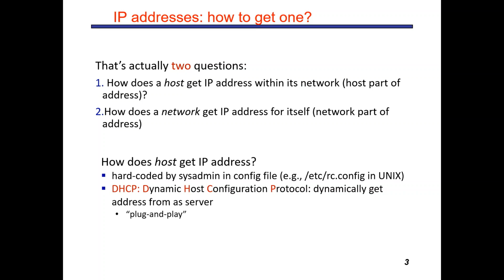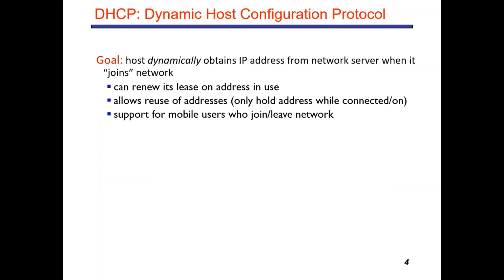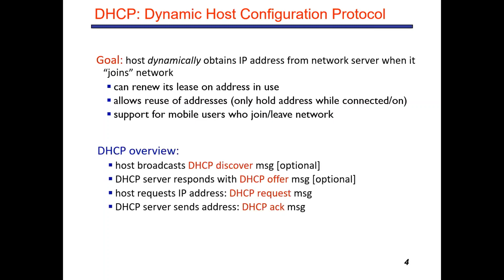And this IP address basically has two parts, as we discussed in the network layer. Each IP address has a network part and a host part. It depends on the subnet mask, which decides which part is the network part and which part is the host part. The goal in the DHCP protocol is to dynamically assign the IP addresses, because statically assigning IP addresses is cumbersome.